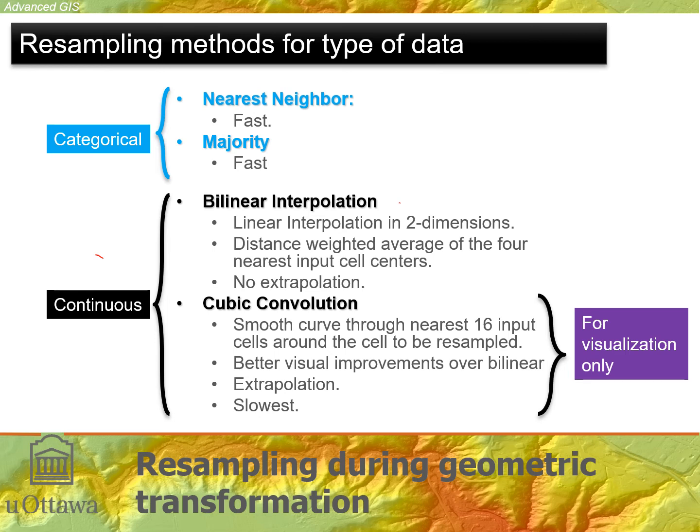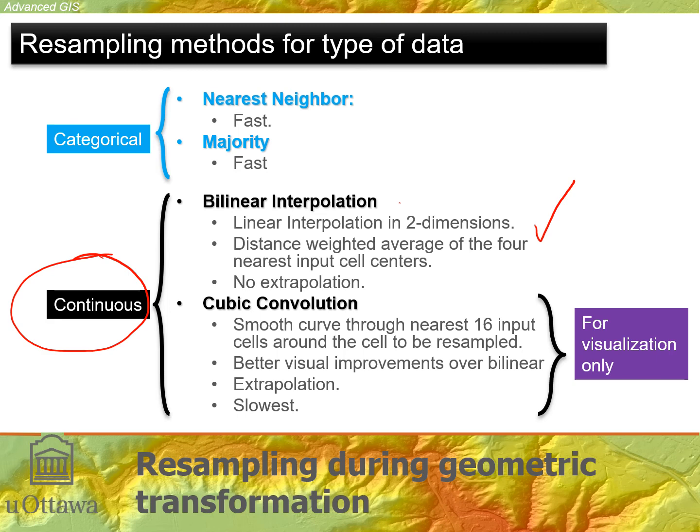Bilinear interpolation uses the 4 closest cells from the old raster to estimate the value of the new raster. We'll see that in a second. I'll explain it in more detail. Cubic convolution uses the 16 surrounding old cells, or badly oriented cells, to determine a value for the new cell center. Bilinear interpolation is appropriate for continuous data, as you can see here.